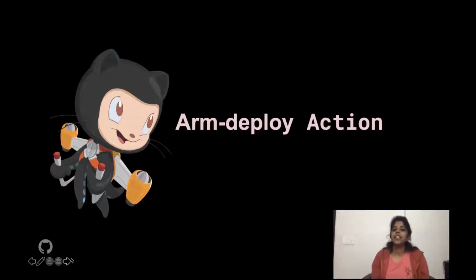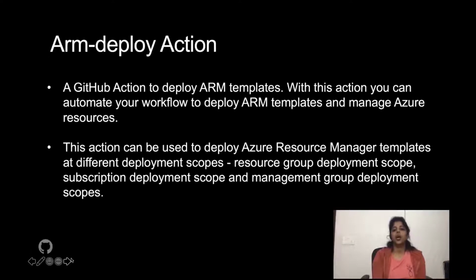I guess it'll be a bit easy for you to play around with this action. So let me tell you what deploy action is. Deploy action is a GitHub action that can simply be used to deploy templates, as the name suggests. Very simple. It can help you automate your workflow to deploy the templates and even manage your Azure resources.